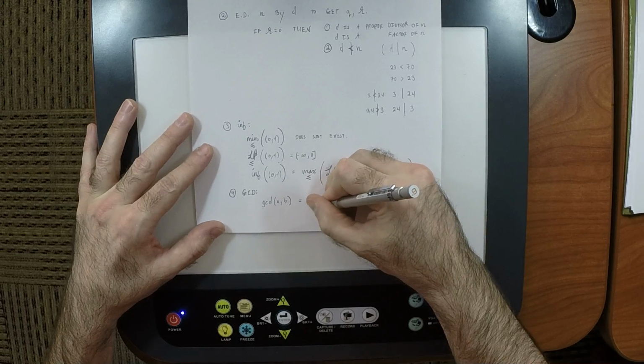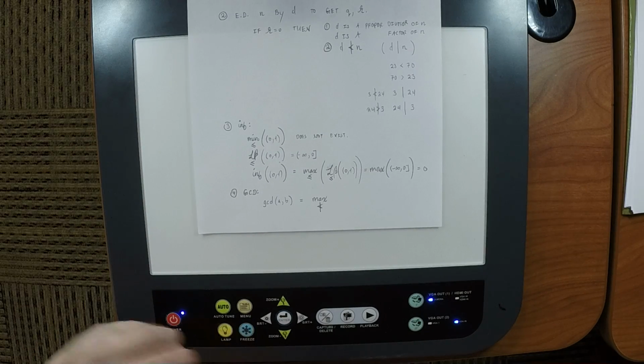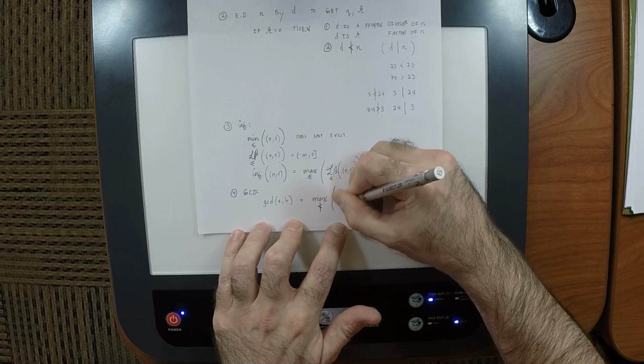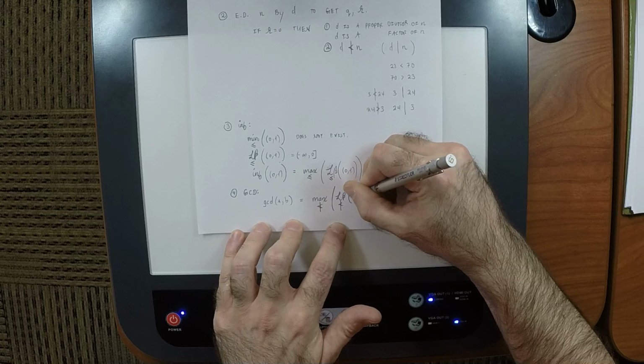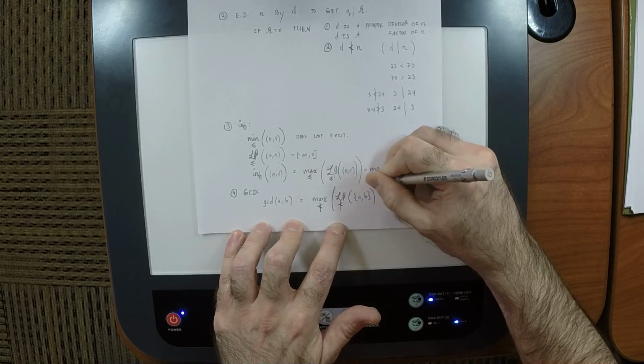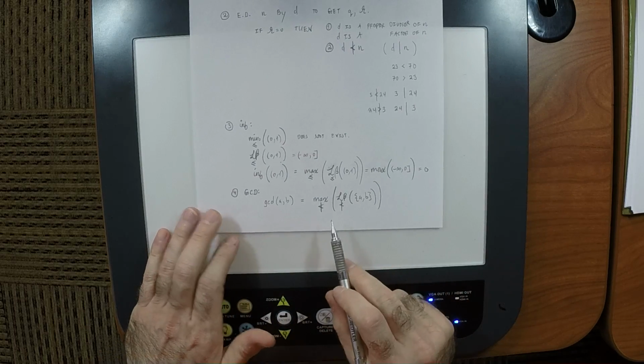But here, I'm not talking about the linear order, rather the division order. So it's the maximum with regard to division order of the set of all lower bounds, with regard to division order, of the set containing A and B. So that's GCD.